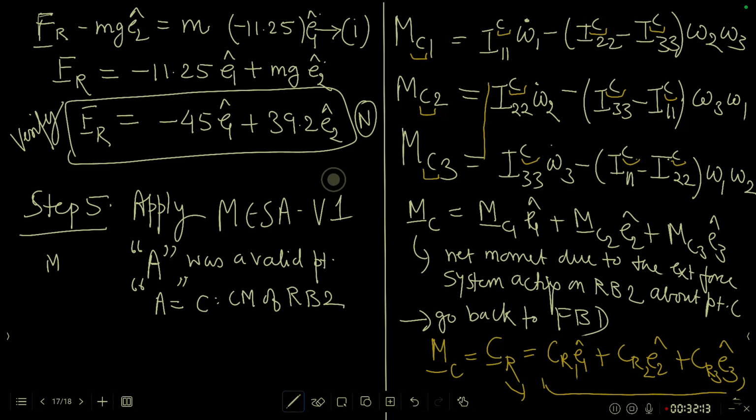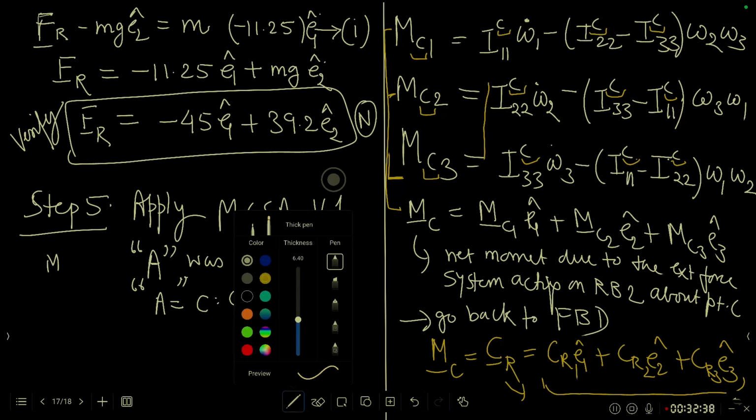Okay, we really have to work on the right hand side. Now the right hand side has some inertia components, and it has some angular velocity components, and it has some angular acceleration components. I have said this 3-4 times earlier also.